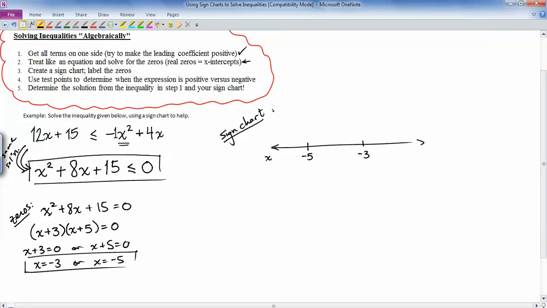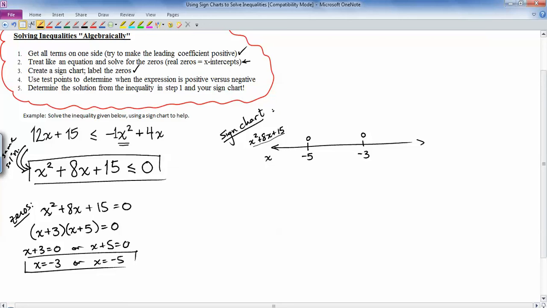And I'm plugging them into this term up here, x squared plus 8x plus 15. When I plugged in, what I figured out was if you plug in -5, you get 0 for this, and if I plug in -3, I get 0 for it again. So those are the zeros. Okay, so that's step 3. I've labeled the zeros on there.